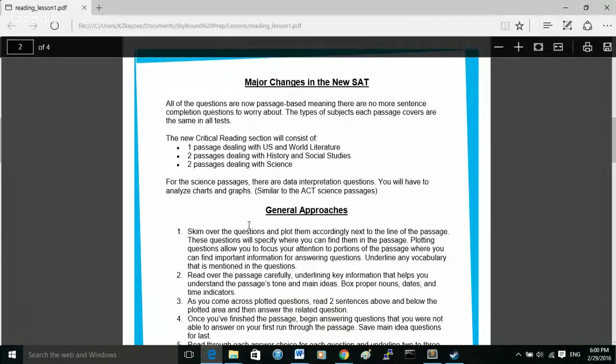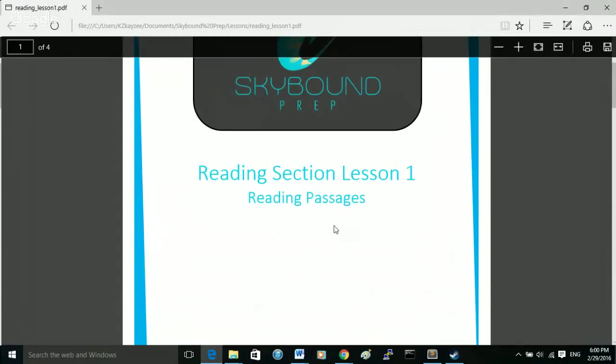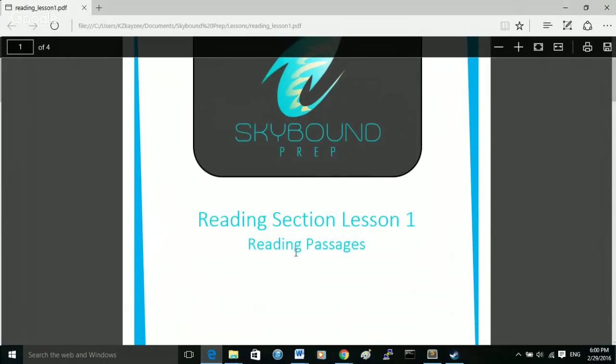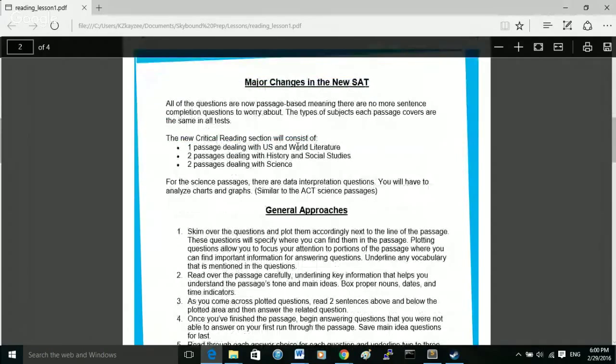Okay, just start. All right, we're gonna teach reading section lesson 1, and the first lesson for the reading section will be reading passages. Okay, so as you know, there's a new SAT, so there will be a new critical reading section. We're going to talk about the major changes in this new SAT regarding the reading section.